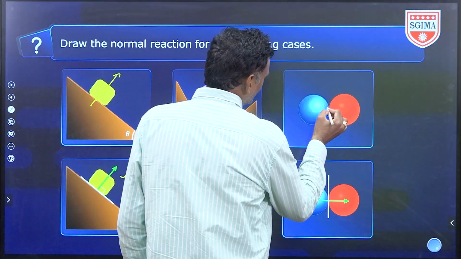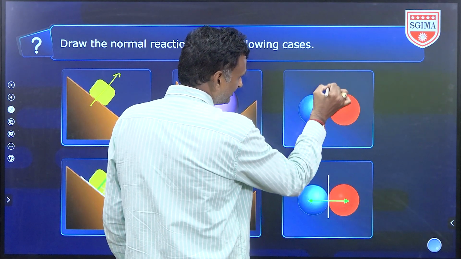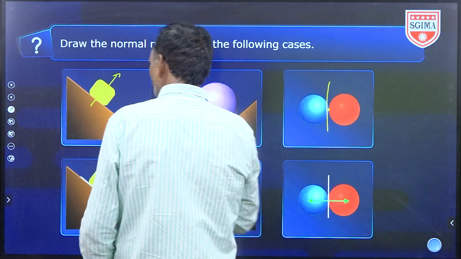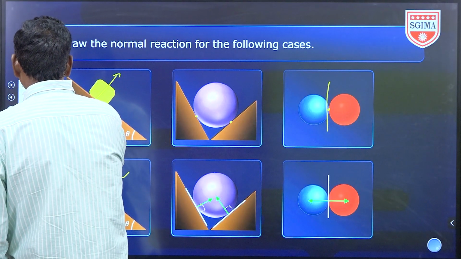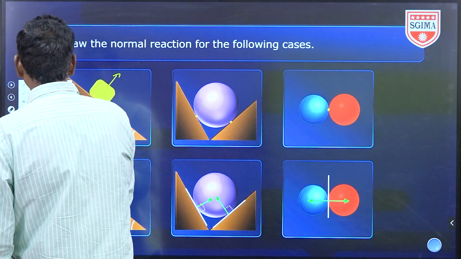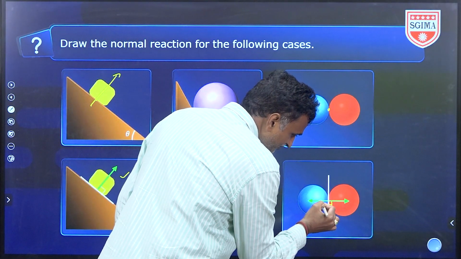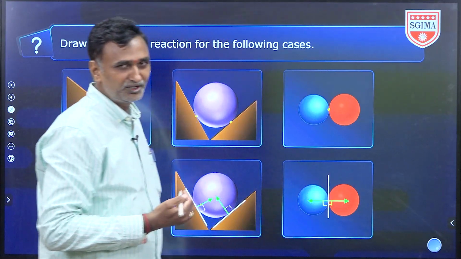Next, in this case here is the contact point, and for the contact there is a tangent. For this tangent, the normal force must be perpendicular. So here you can see this is perpendicular, this is also perpendicular.